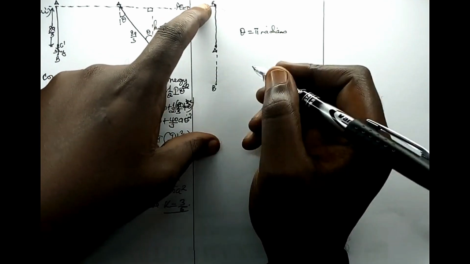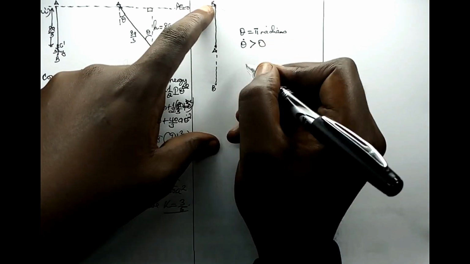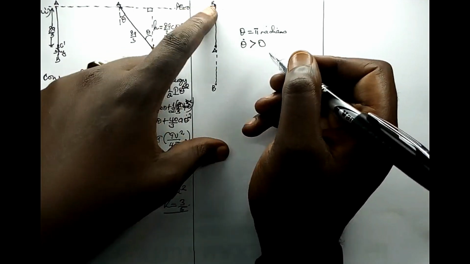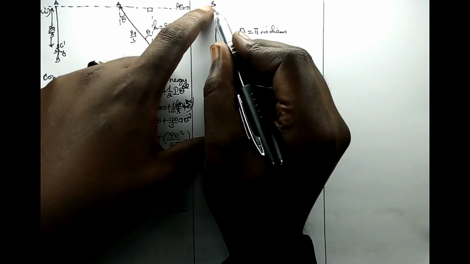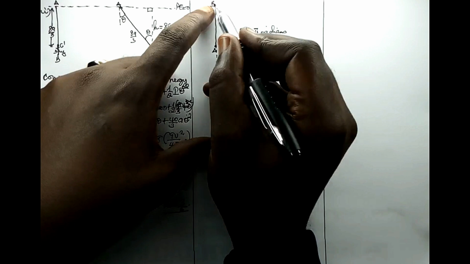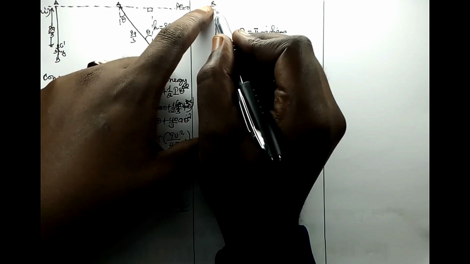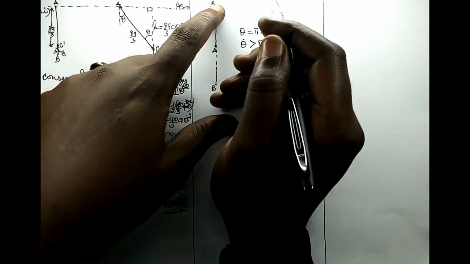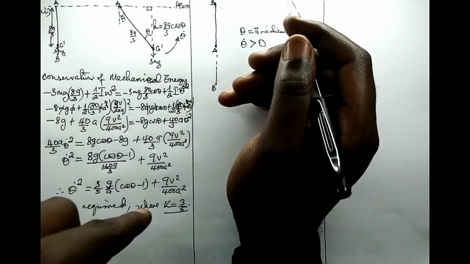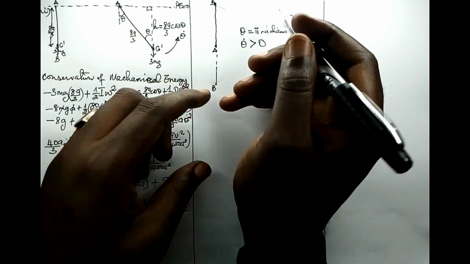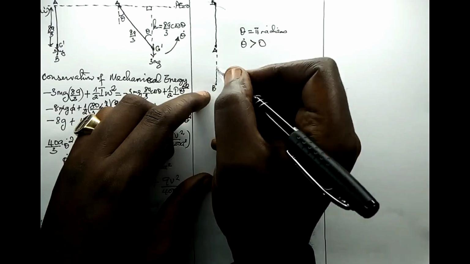The next condition is that by the time it is making that angle pi radians, the angular speed theta dot should be greater than 0 at that point. Just at that point where the angle is 180 degrees, the angular speed should be greater than 0. The system will now be able to cross this boundary here and move down under its own weight to make a complete revolution. So those are the two conditions for complete revolutions to take place.